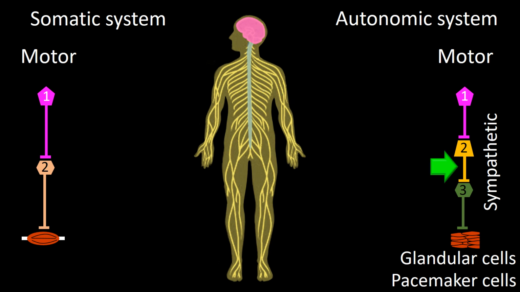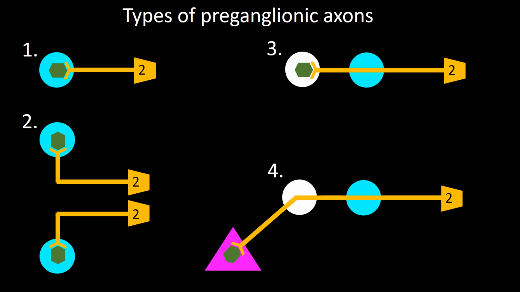The axons of these neurons are very interesting. They are referred to as preganglionic fibers. There are four types of preganglionic axons based on their trajectory and destinations. You can see in this illustration the four types of preganglionic axons.